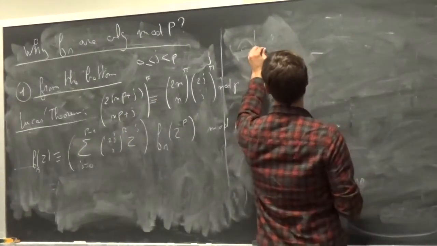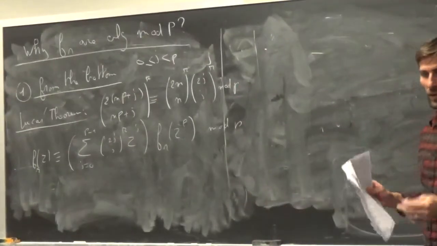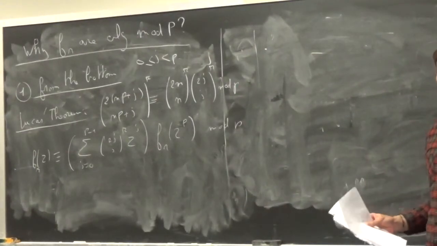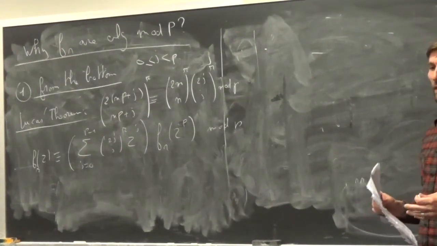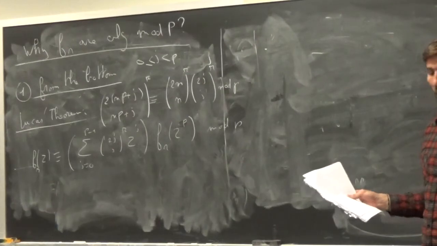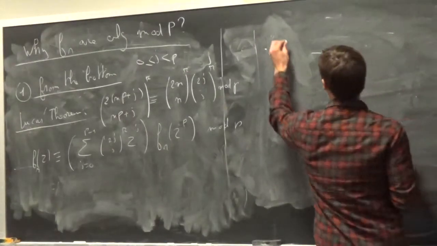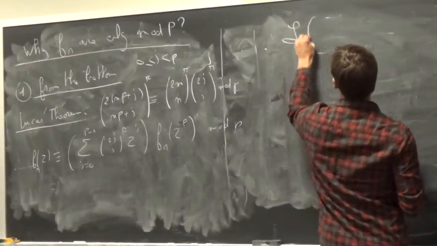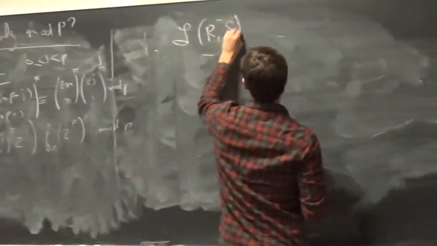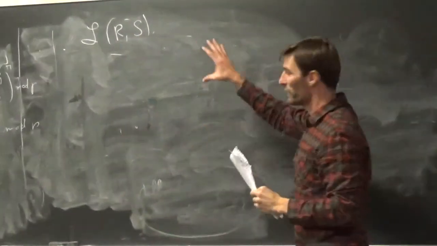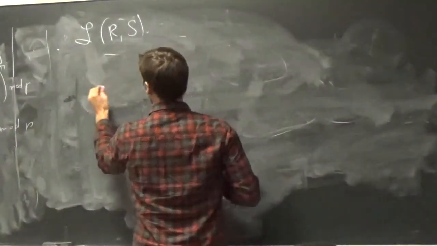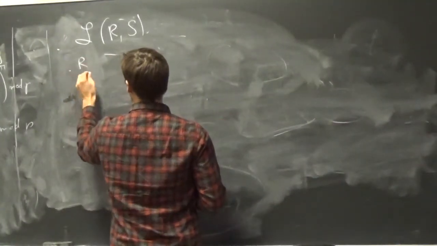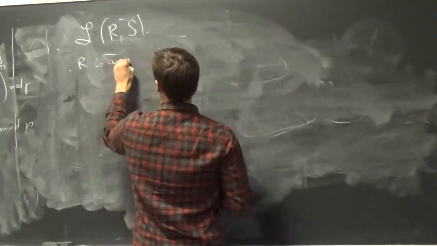I'm going to define it in the one variable case, but it also works with no additional difficulty for power series in several variables. Okay, just to simplify. So we have the set L_S. This is a set of power series I'm going to define. Here, R is an integral domain.